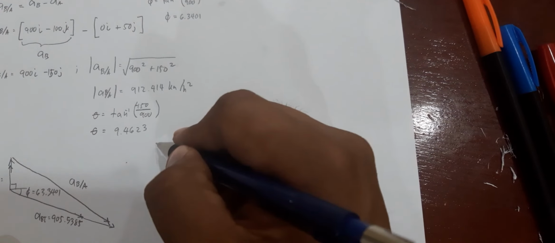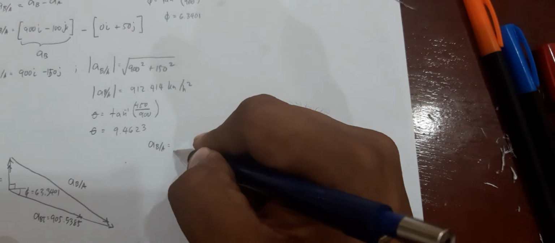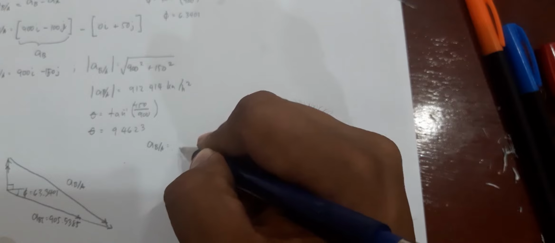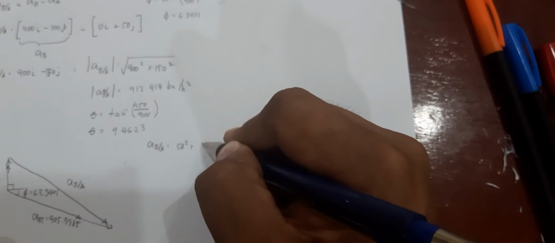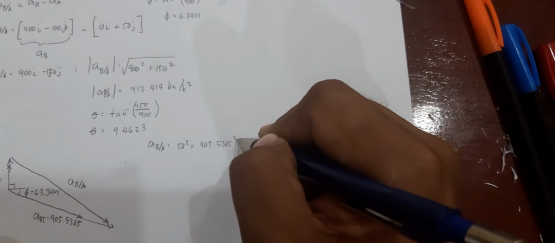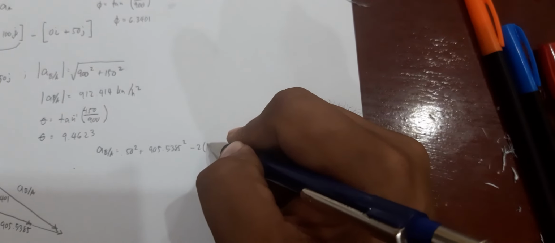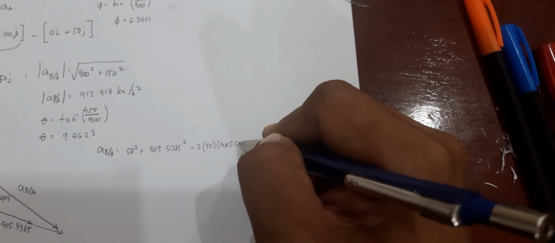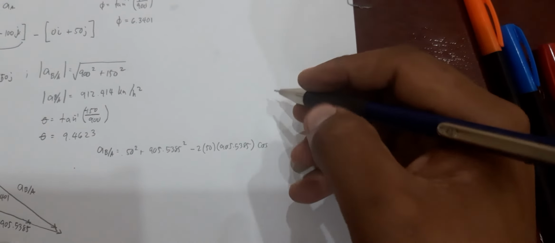So you can calculate for the acceleration of B relative to A, again making use of cosine law. You would have 50 squared plus 905.5385 squared, minus twice the product, 50 times 905.5385, times cosine of the included angle.